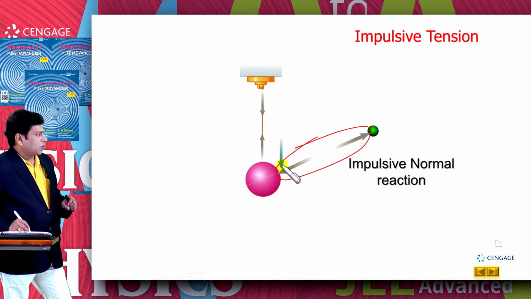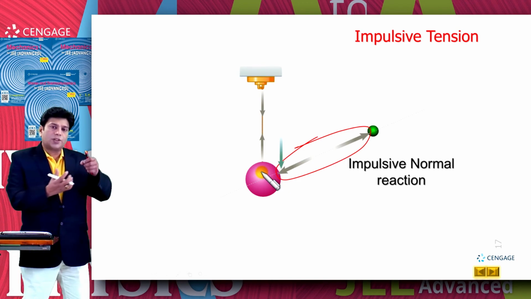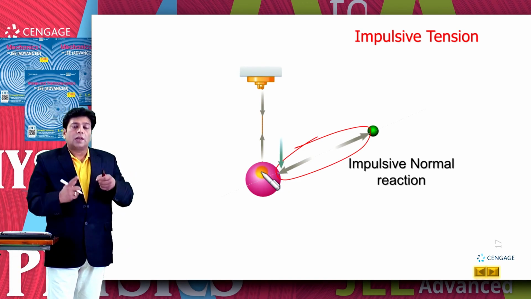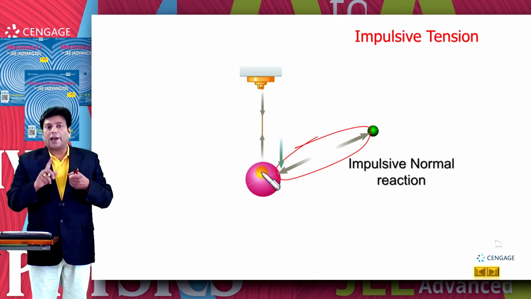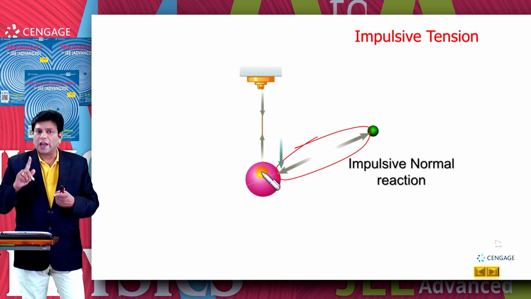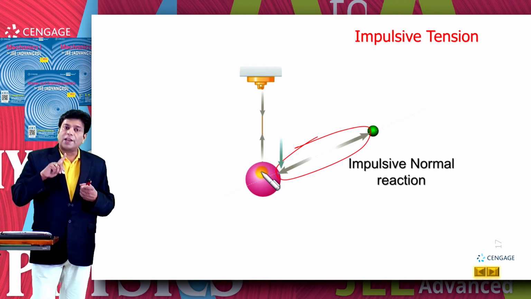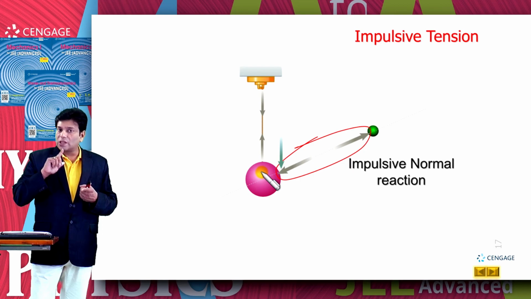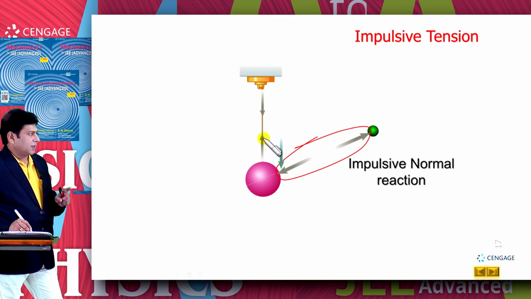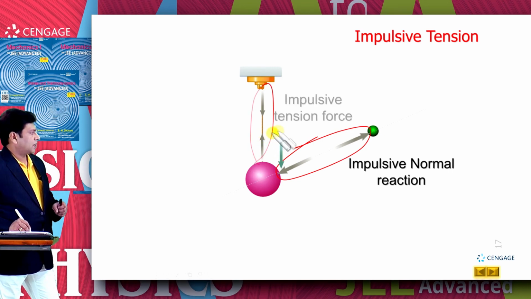So we need to balance this impulsive force in the vertical direction, because the string is not breaking and the bob is not moving in the vertical direction. That means in the vertical direction forces are balanced, and any impulsive force is balanced by another impulsive force, and here the string can provide the impulsive force. So this tension is not a finite tension, this is impulsive tension.